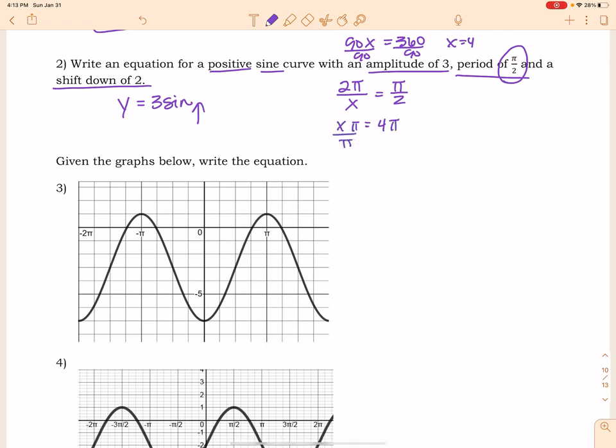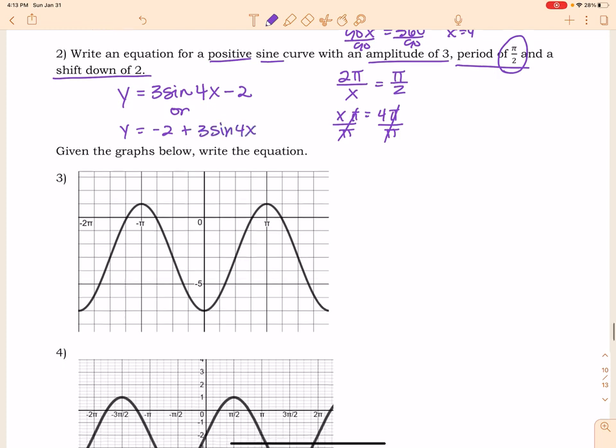I divide both sides by pi. I get 4. Groovy. And don't forget x, because we're dealing in radians. This shift down of 2, no parentheses. You could also write this as y equals negative 2 plus 3 sine of 4x. Those mean exactly the same thing.